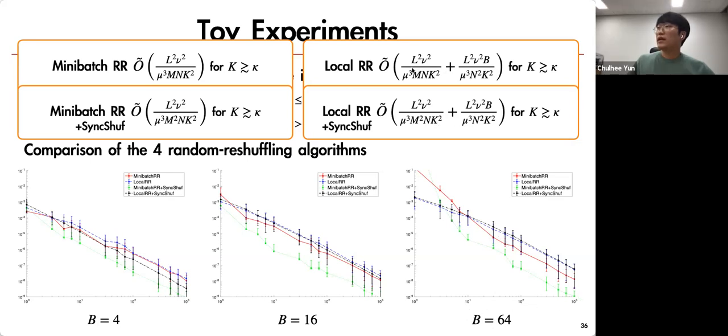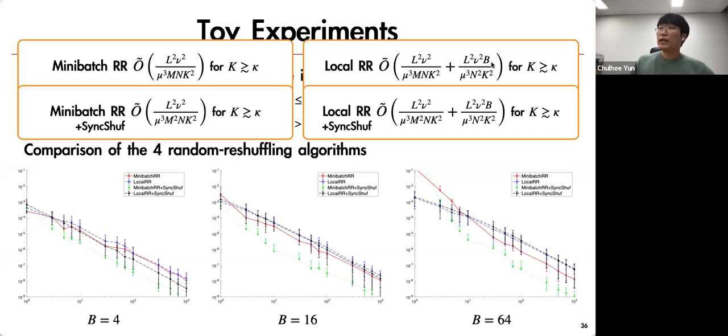This is because for smaller B, this term in the bound of local random reshuffling is the dominant term. But as B becomes larger, the second term becomes dominant, which degrades the performance.